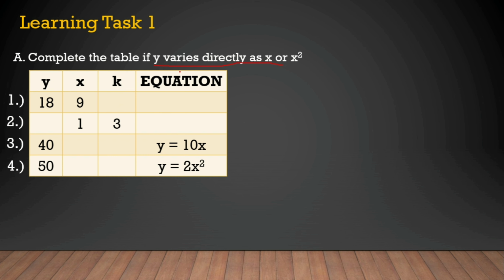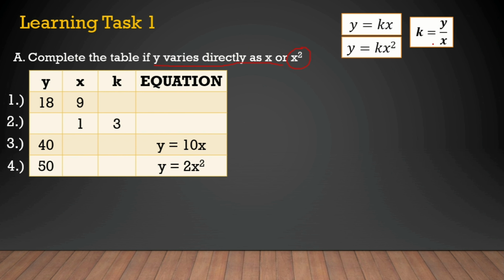Okay? So here, ang statement is y is equals to kx. At kapag naman x squared ang nasa statement, papalitan lang natin yung x na ito ng x squared, y is equals to kx squared. Or yung formula naman ng constant ay k is equals to y over x.